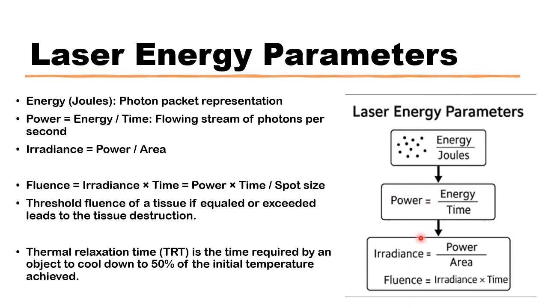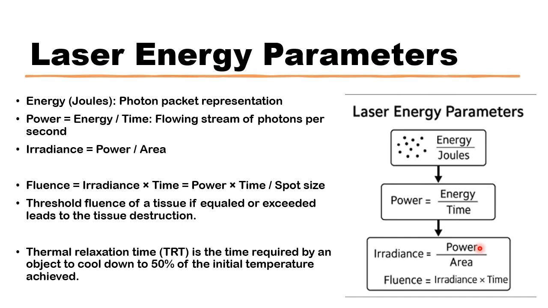And then there is the irradiance, which is the power divided by the surface area of the target tissue. This is basically the density of the energy distributed over a certain area. And finally, the most important way of describing the laser power is the fluence, which is the irradiance multiplied by time.